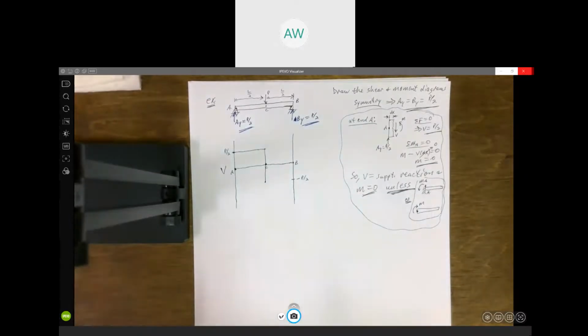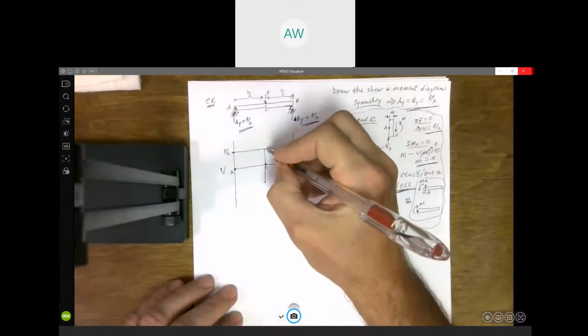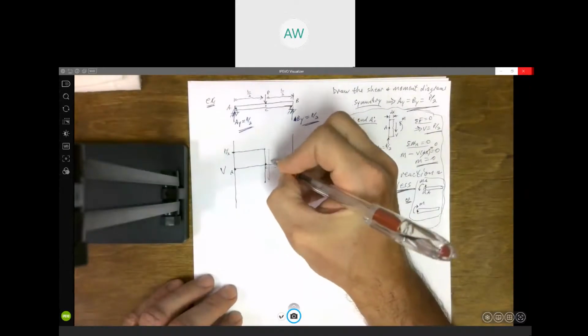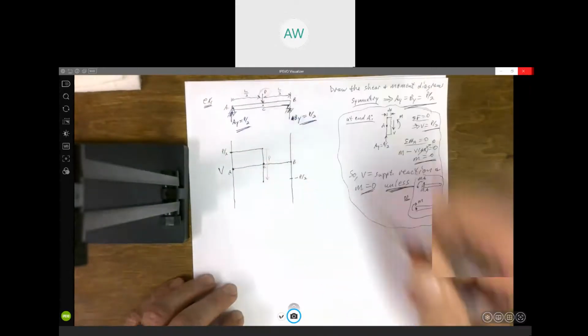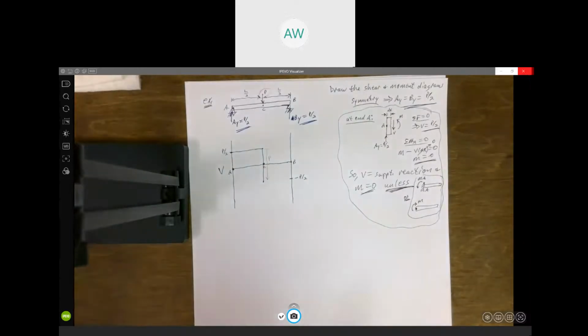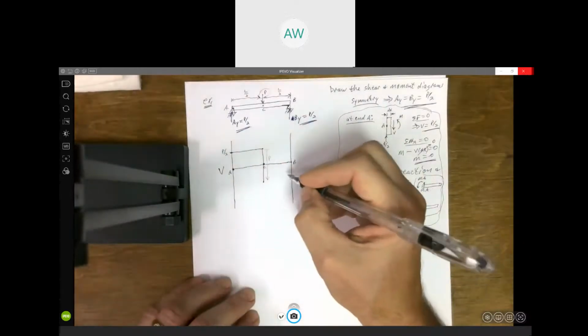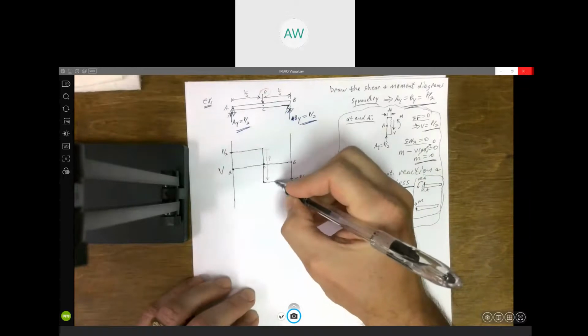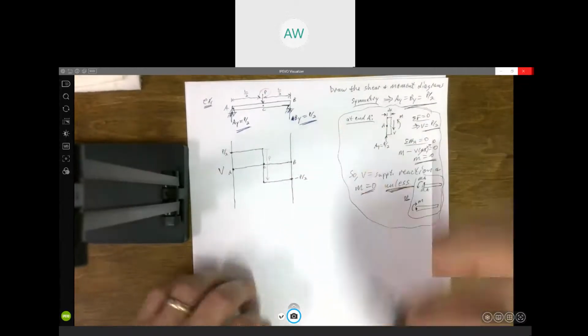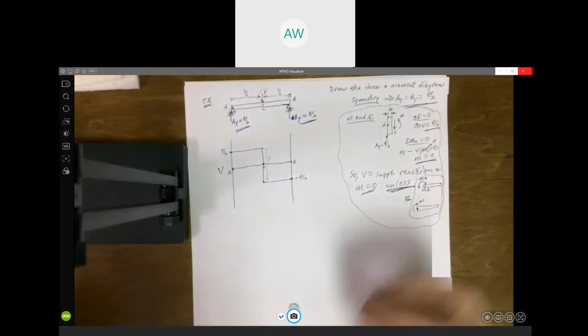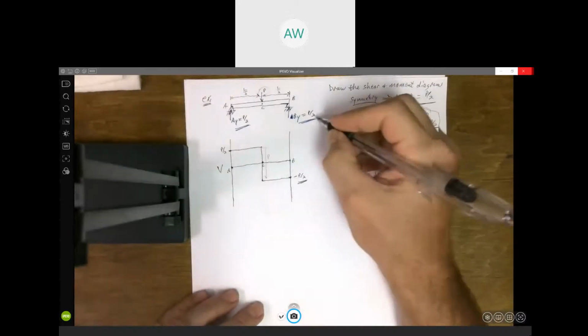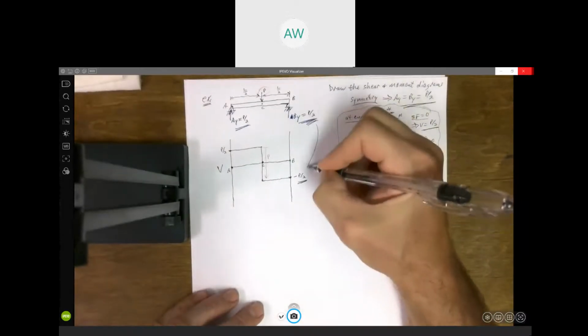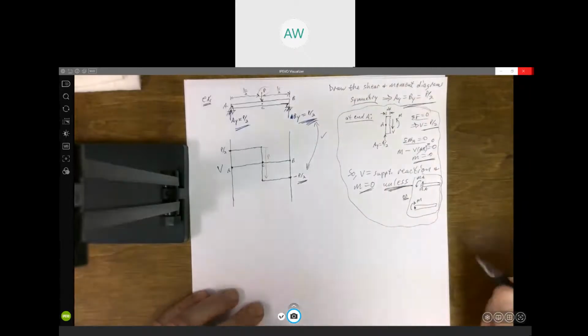So what we're doing is, we're just going down P. It does not change until the loading changes, so it stays constant. And just an observation, the magnitudes of those better be the same.